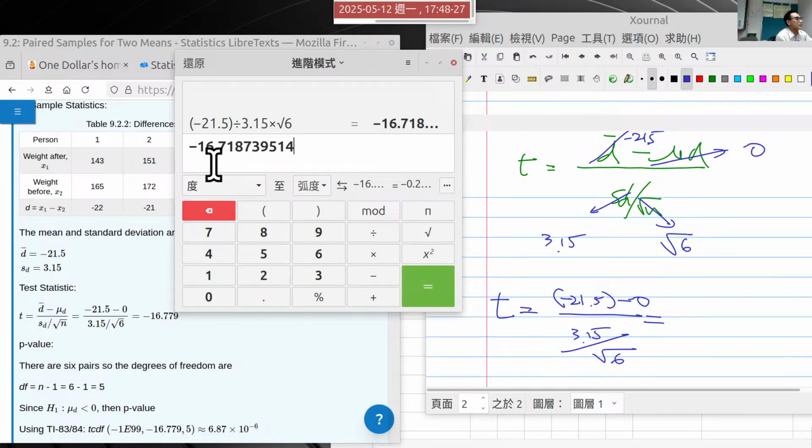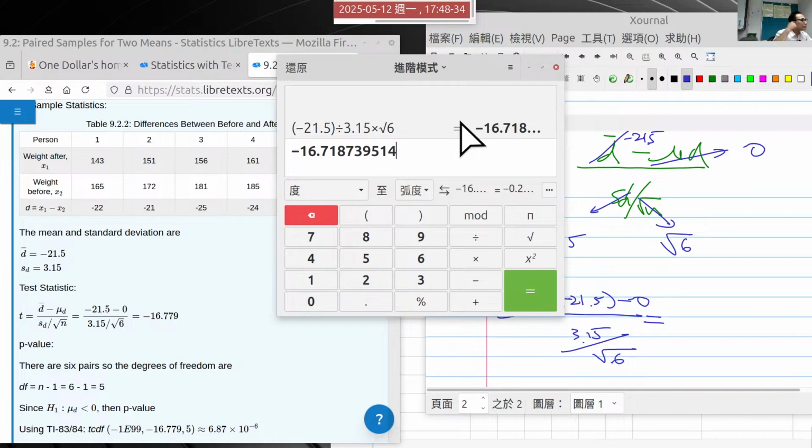Close to the textbook, minus 16.71. Why is it different from there? I don't know why the error is so big.